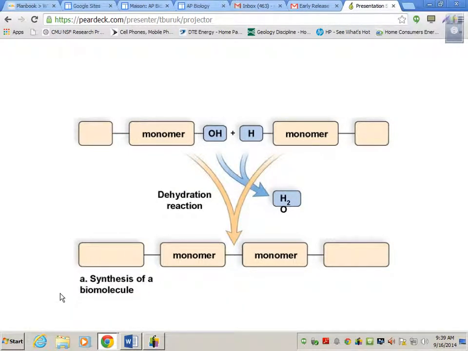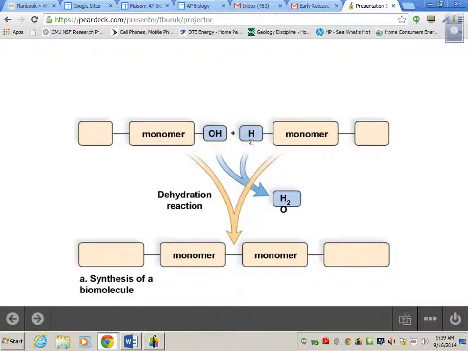So when you see water being removed, in this case a hydroxide and a hydrogen, to make water or H2O, we call it a dehydration reaction. Once that occurs, these two monomers will no longer be separate. They will now be together, and that would no longer be two monosaccharides. It would now be a disaccharide. More than two would be poly.